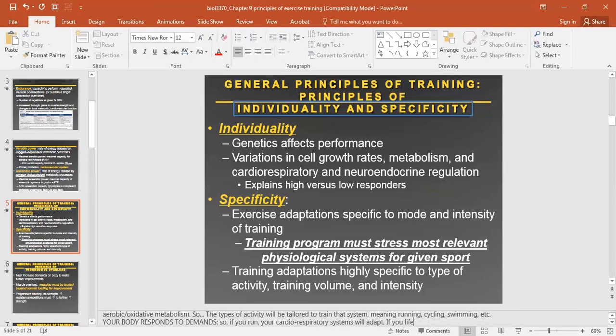If you lift weights, muscle fiber type will adapt, and energy systems, so anaerobic energy systems, will adapt. So big difference.